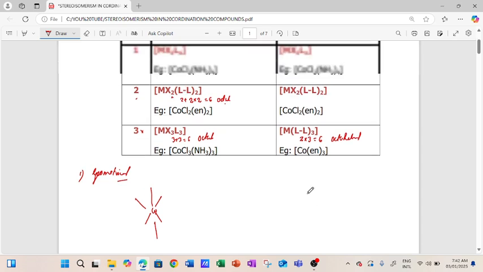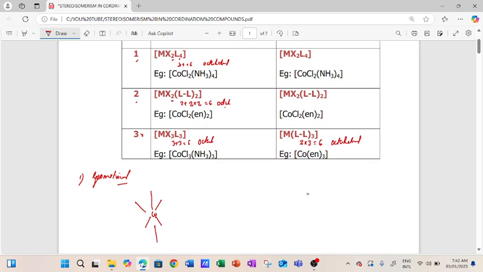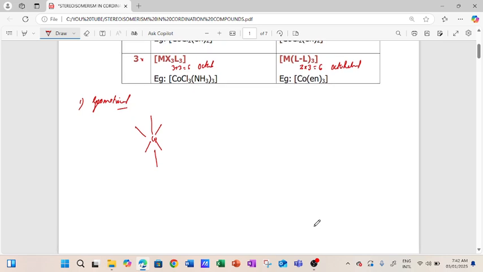First you select the ligand which is 2 in number in the coordination compound, which is chlorine, Cl2. So first you select that ligand and keep it in adjacent positions of the central metal atom. I'm keeping it on the right side, and the remaining 4 corners are occupied by the other ligand, NH3, ammonia. This is how we can draw the structure in one way, which is called a cis isomer.